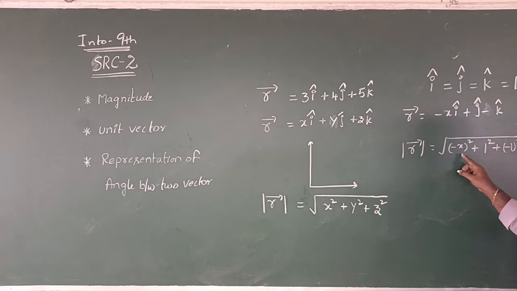It is the sum of the squares of the coefficients of i, j and k. This is how we need to calculate the magnitude of a given vector.